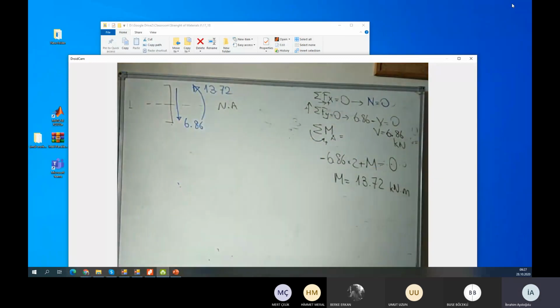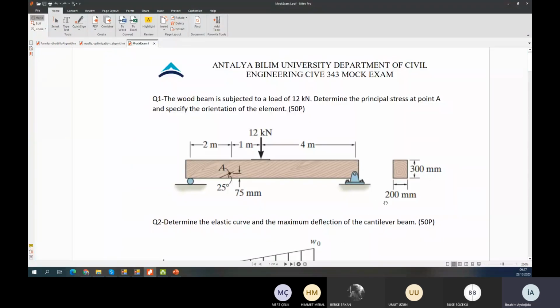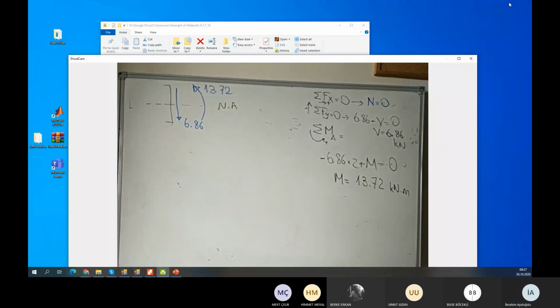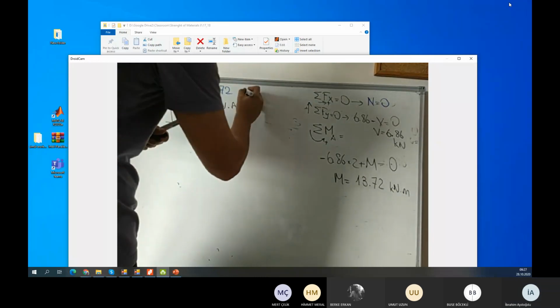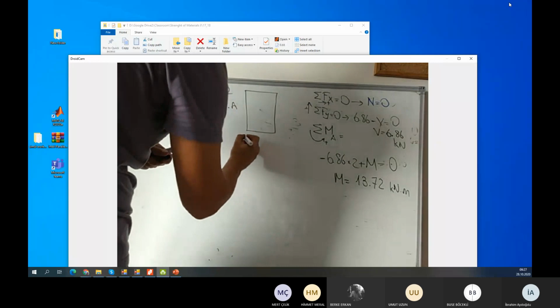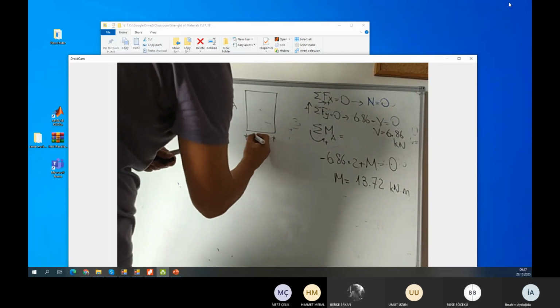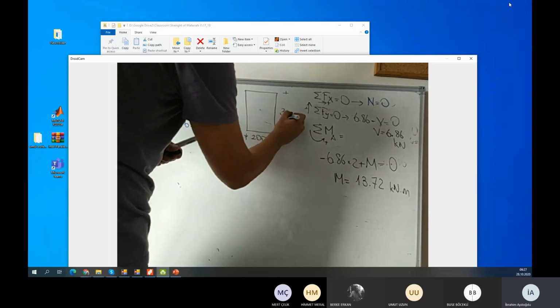First of all, I want to draw the cross section. Let me check the cross section: 300 millimeter height, and 200 millimeter width. I want to write it in here. This one is 200. This one is 300.